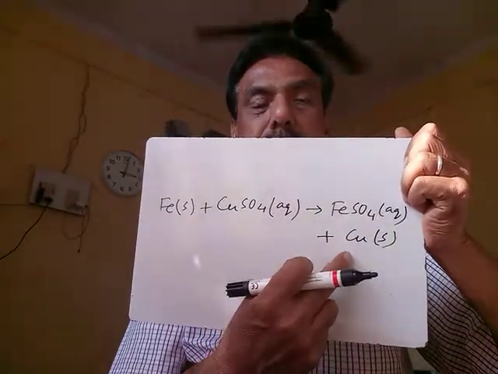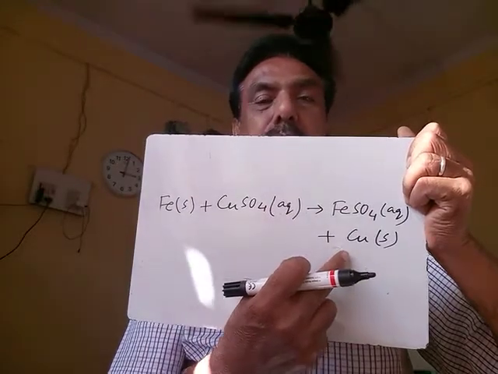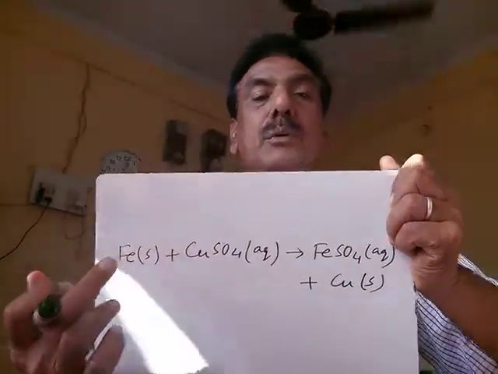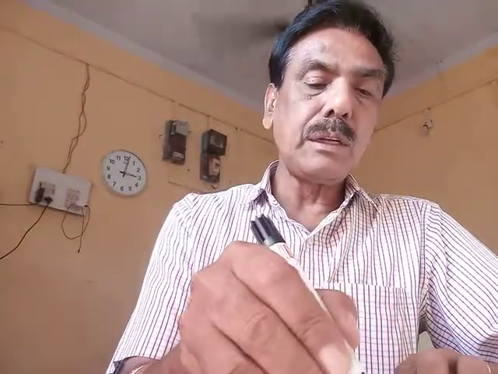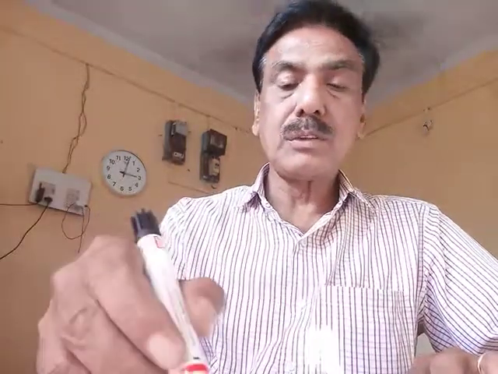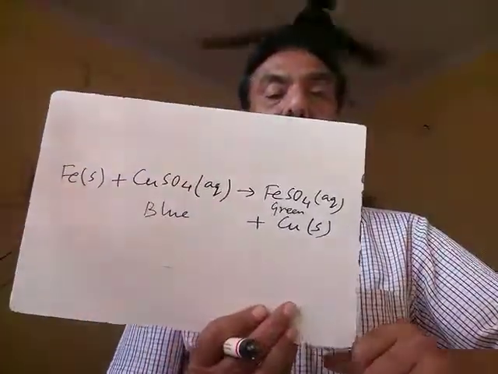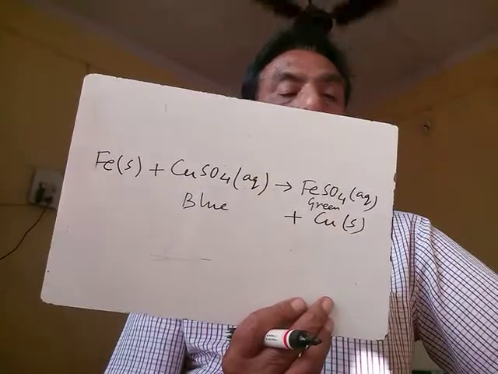So copper is displaced. The color of copper sulfate is blue, and so the blue color of the solution will become green, because the ferrous sulfate solution is green. Therefore, the solution will become green in color.